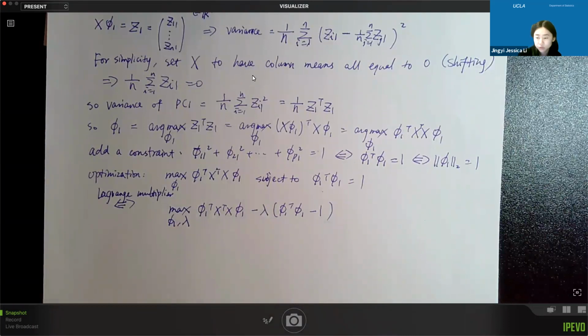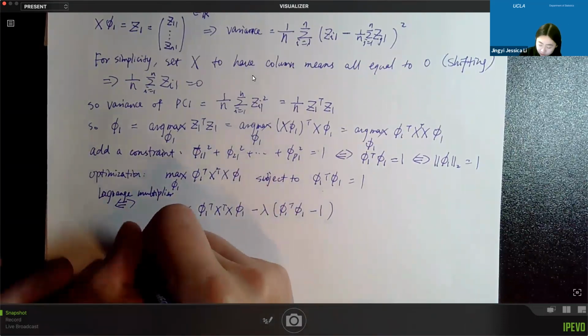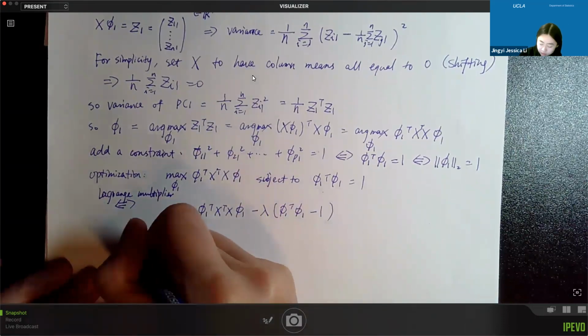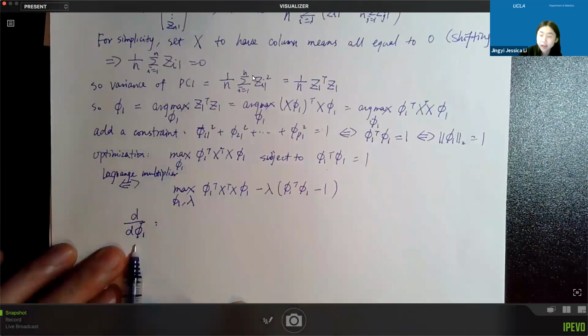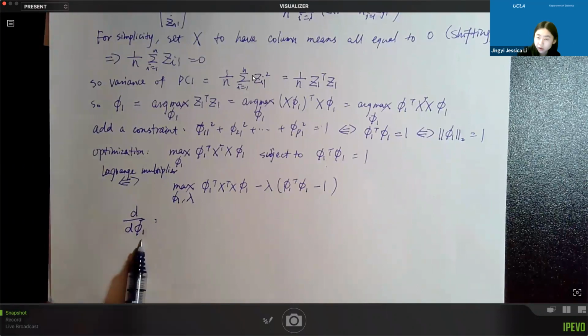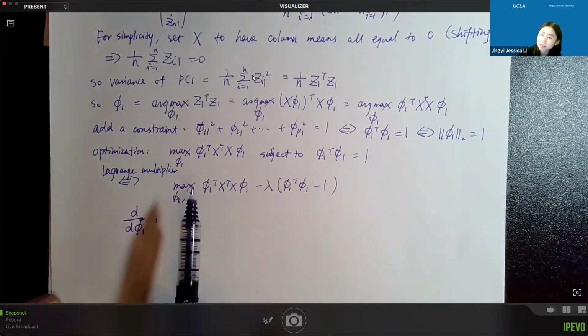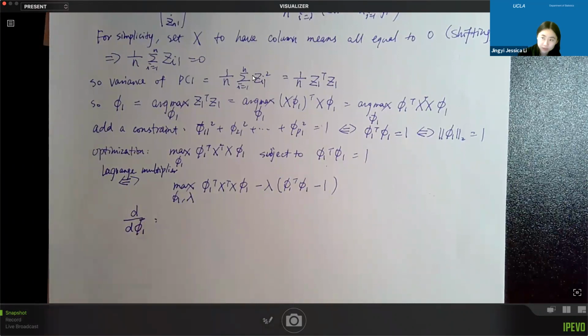So if we take the differentiation against phi 1, because here phi 1 is a vector, when we take differentiation against a vector, we call the result a gradient. And the gradient has the same dimension as phi 1. The gradient will be p-dimensional. Each entry is a partial derivative. So we can take the derivative against the first dimension of phi 1, second dimension of phi 1, and the p dimension of phi 1. That gives us the gradient vector.